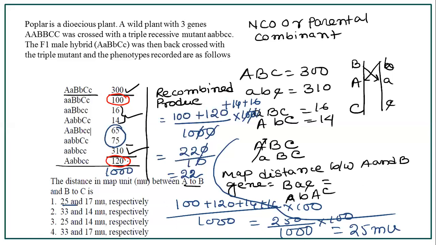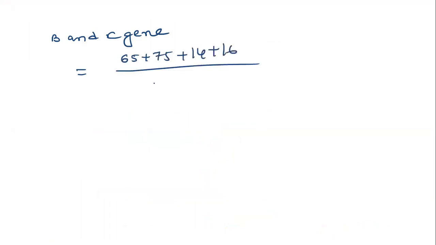Now next you have to find out between the B and C genes. These are 65 and 75. The distance between B and C gene will be: first add 65 plus 75 plus 14 plus 16 by 1000 into 100%.